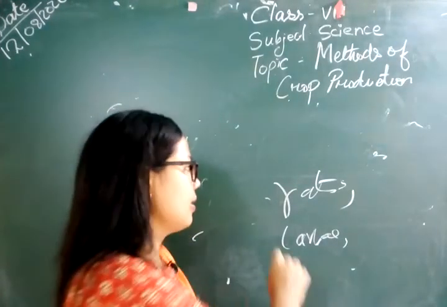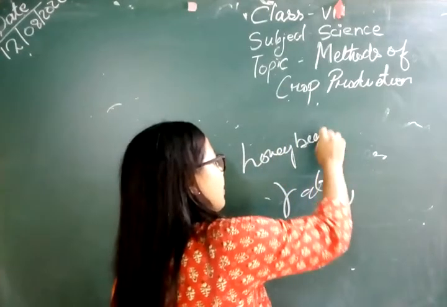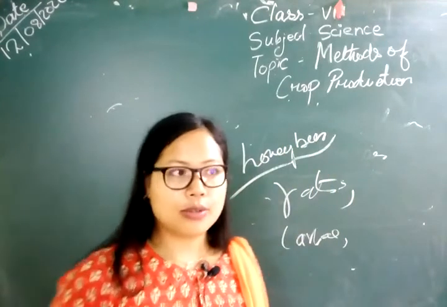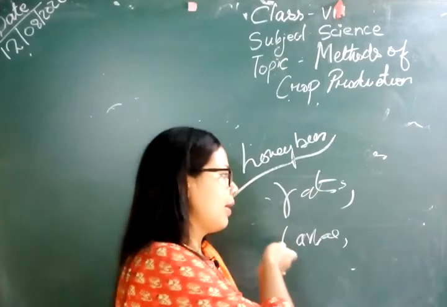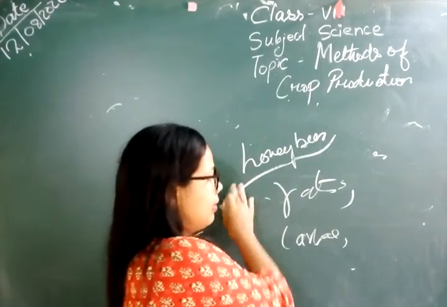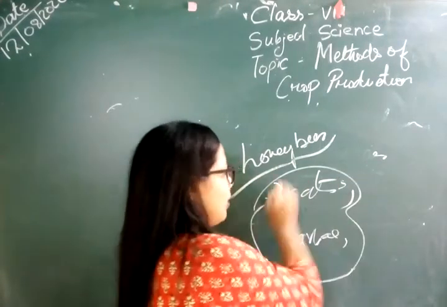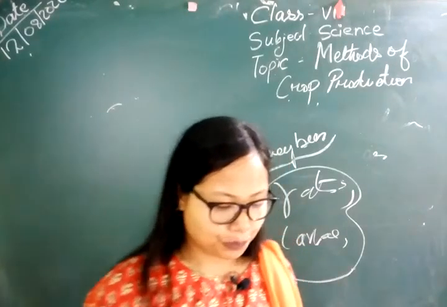Sometimes honeybees and many other useful insects also visit the crop. So what happens ultimately when the pesticide is sprayed? These also get affected. So this is one of the big disadvantages.